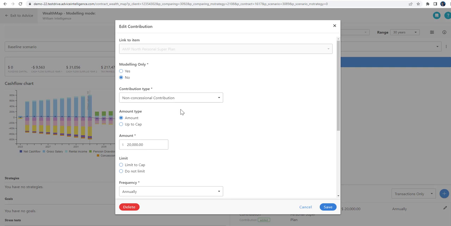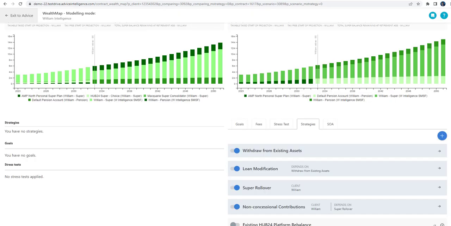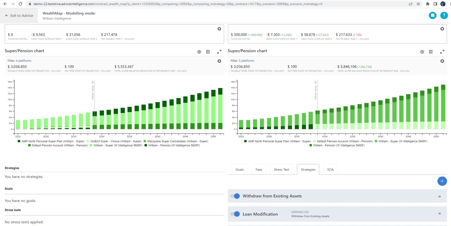I could have contributed up to the cap. And after applying those 2 strategies, we can now see that we've increased the total super balance at retirement by about 300,000.